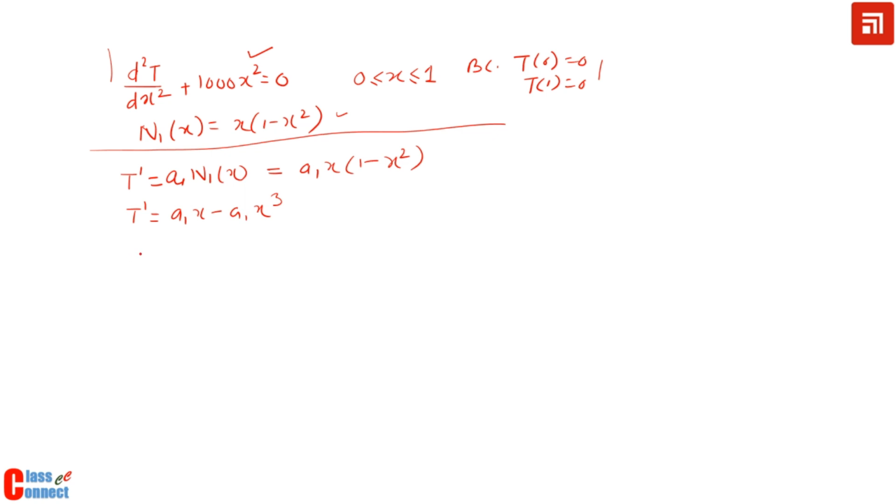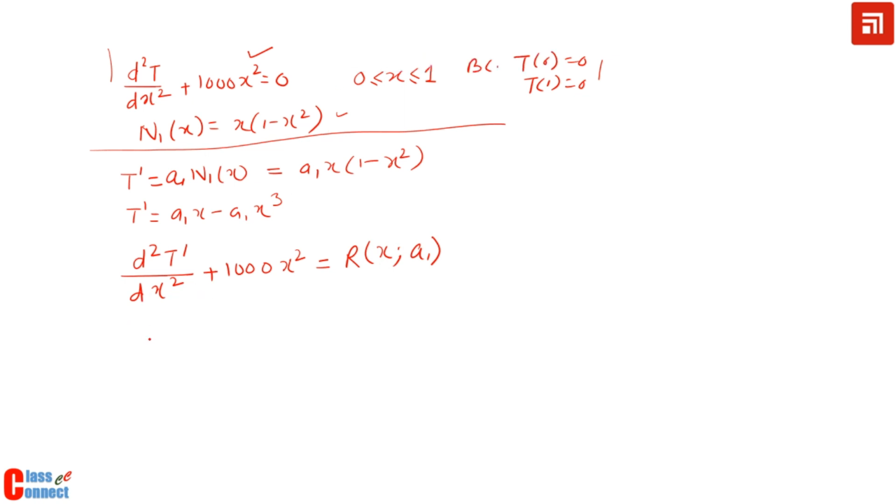So d2 t dash divided by dx square plus 1000 x square will be equal to nothing but some residual. It will not be exactly 0, and this residual will be a function of x and a1.